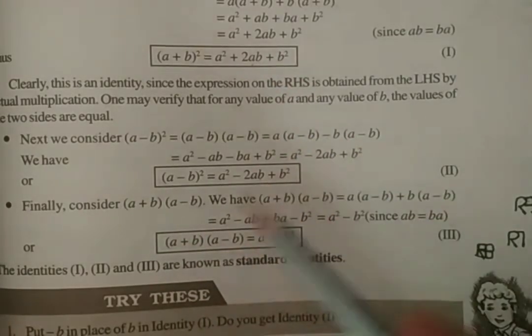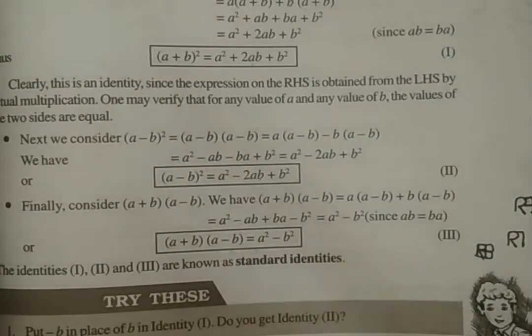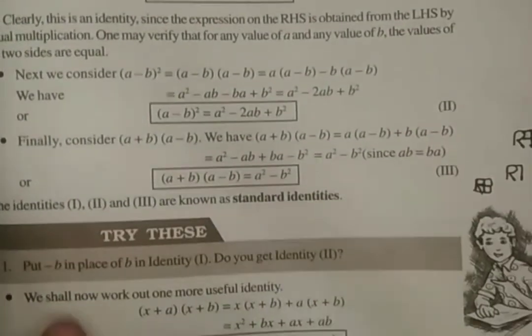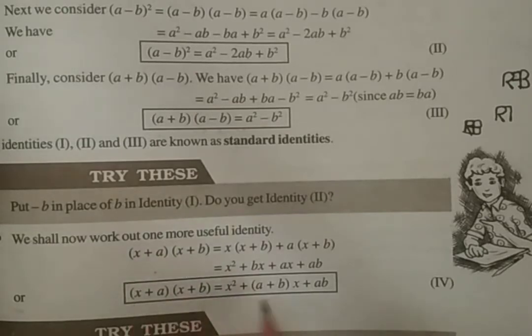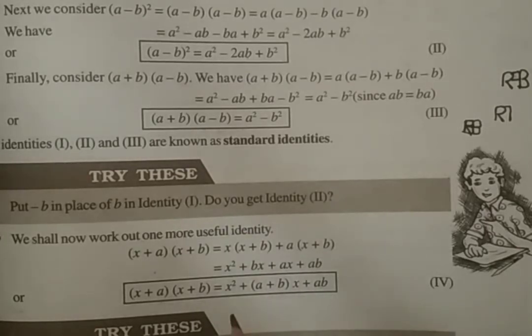So these three identities are very important which you have to remember. There is one more identity where x term is same and a and b terms are different. So the answer will be x square plus a plus b into bracket x, that is x is multiplied to a as well as b, right? And plus ab. So you have to remember these 4 identities.